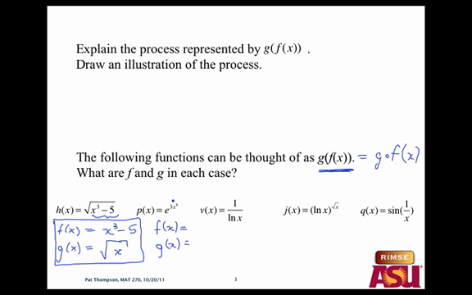Well, notice that 3x to the 8th is being the input into the e exponential function. So if that output of f, 3x to the 8th, becomes the input of e to the x, we get this p function, e to the 3x to the 8th. So that's that one.